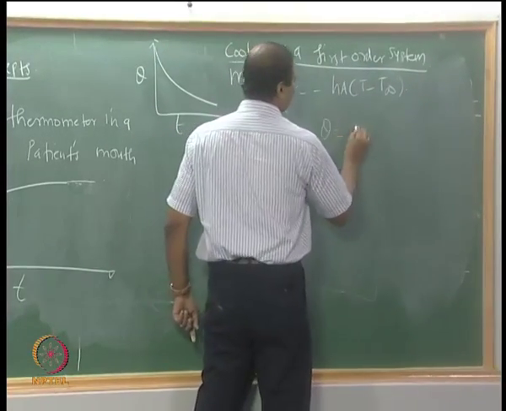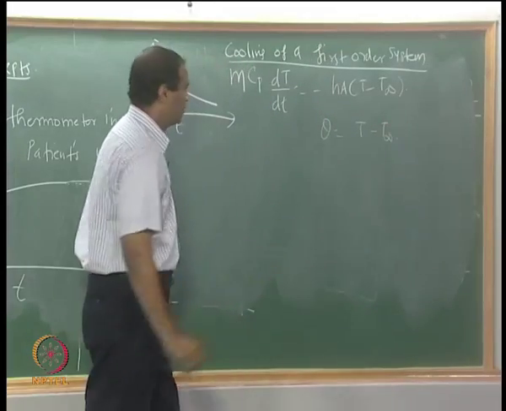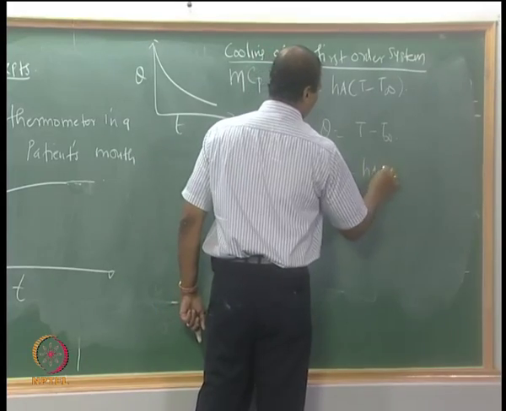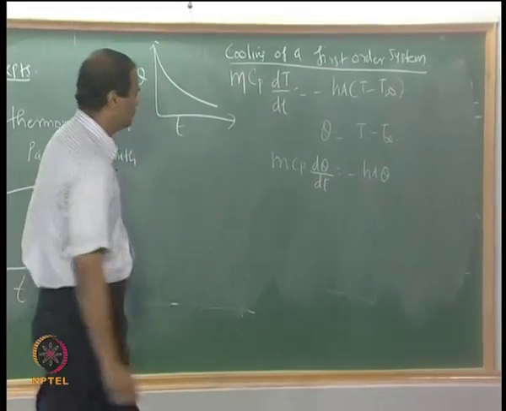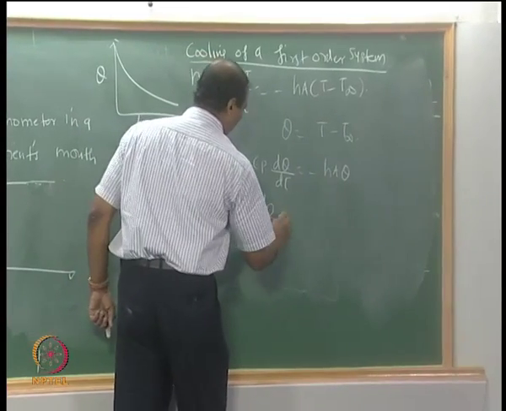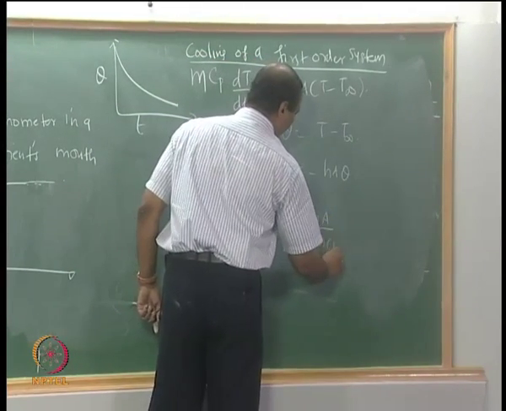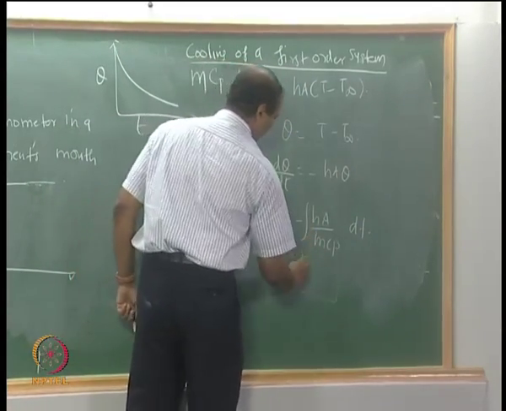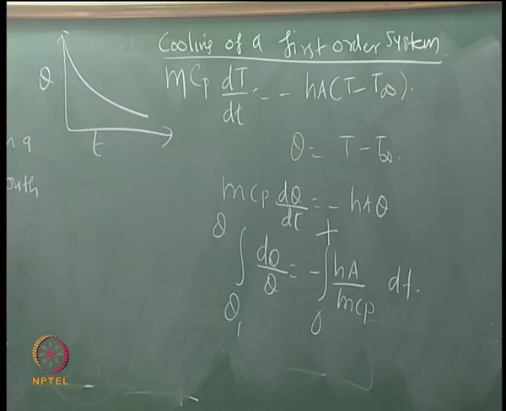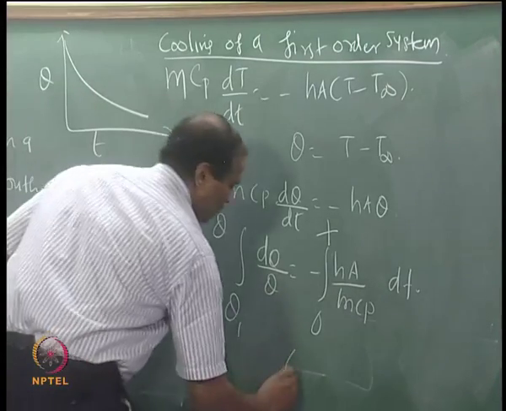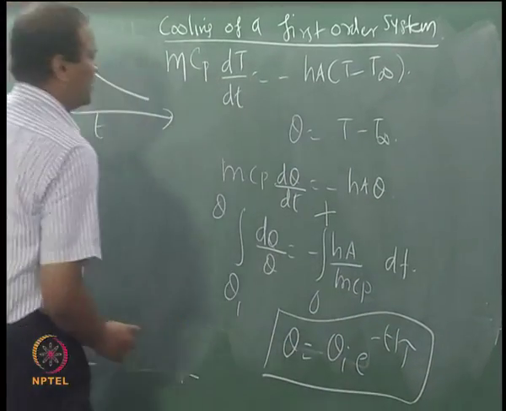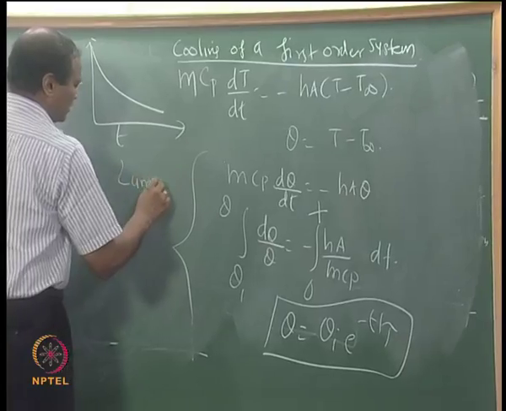I can say theta, the temperature excess, is given by T minus T infinity. I can now say MCP, so this is basically called the lumped capacitance method.